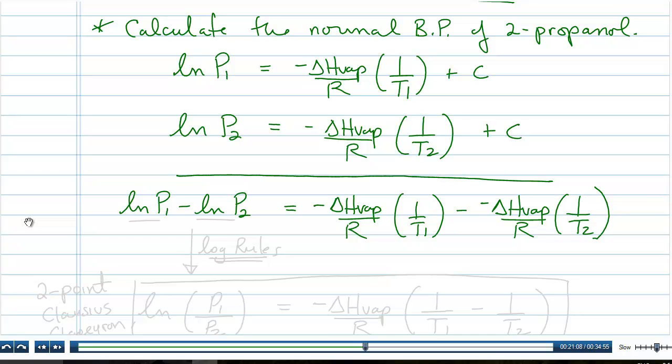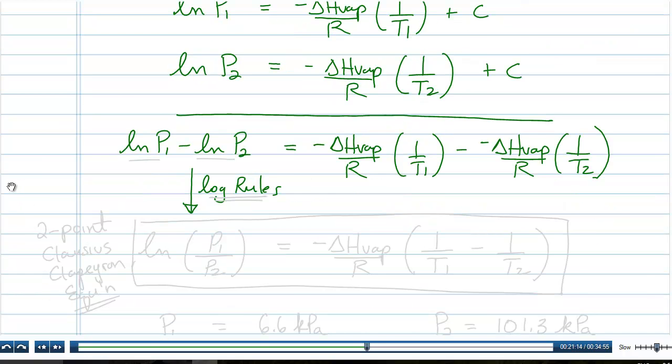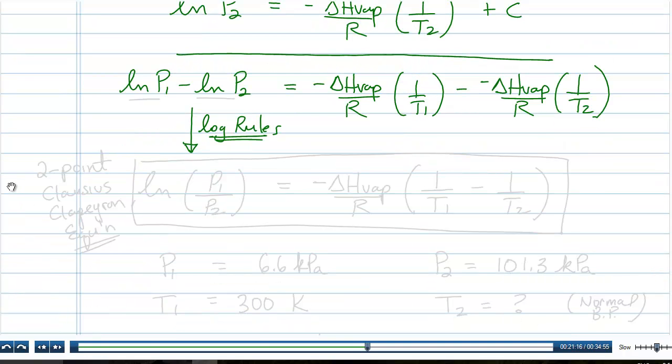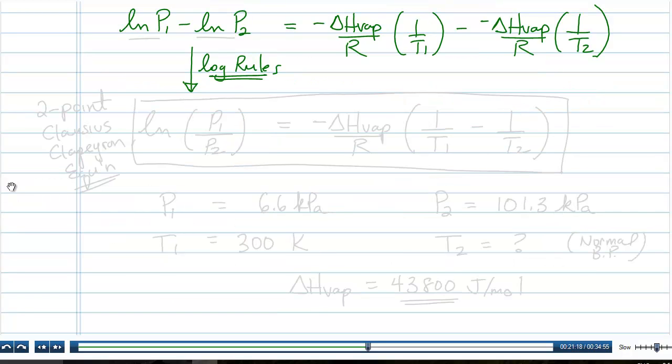Now on the left, we can apply a log rule. Okay, if you look back in your notes, look at the 3 rules for logarithms that we wrote down, and I believe it was the second rule that said the logarithm of a quotient is equal to the difference of 2 logarithms. If we apply that rule backwards here, we have the difference of 2 logarithms.